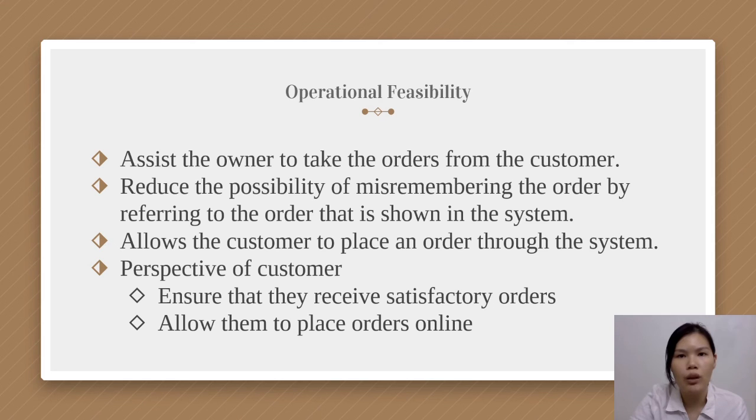Besides that, the owner would like to partner with Foodpanda but failed to do it. Against this problem, the sales order system allows the customer to place an order through the system. From the perspective of the customers, the sales order system can ensure that they receive satisfactory orders and allow them to place orders online, which brings convenience for those who do not walk into the store.